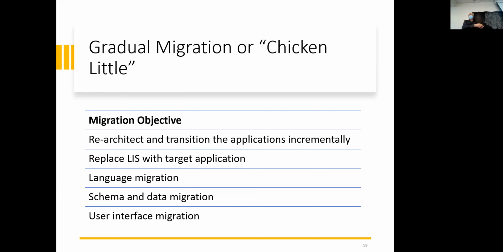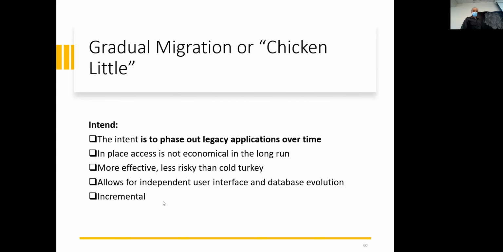So how do you get the data into the new schema, into the new database? And we could have a user interface migration. So these are different types of migration. You go from your traditional PC to a web-based interface, to a smartphone interface.